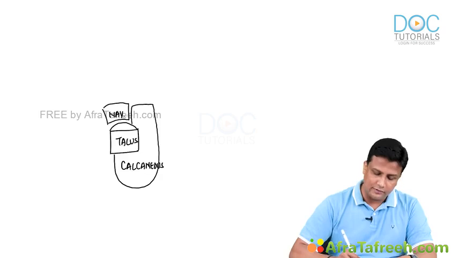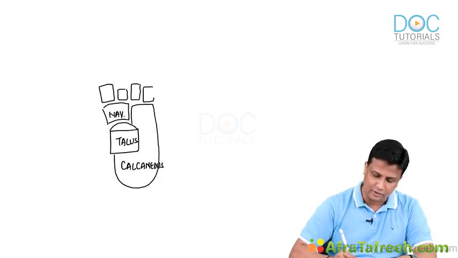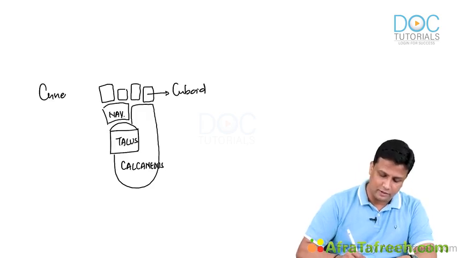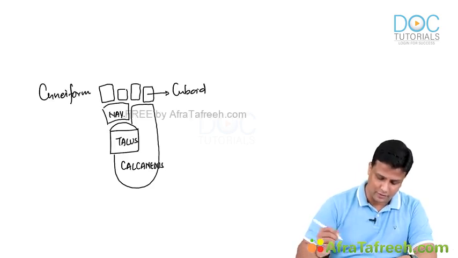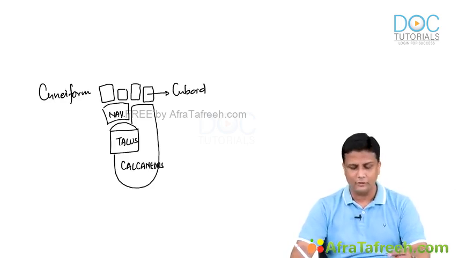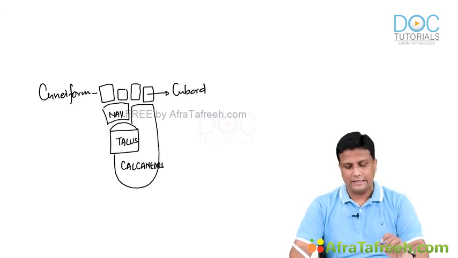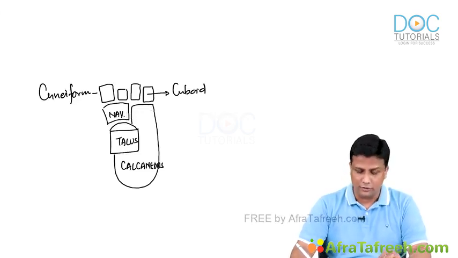And then in front of the navicular, you'll be able to appreciate the 3 cuneiform bones, and laterally you'll have the cuboid. So laterally this one will be the cuboid, and medially you'll have the 3 cuneiform bones, guys. And I don't have to tell you that there will be a medial cuneiform, then an intermediate, and then a lateral cuneiform. So 3 cuneiforms, cuboid, navicular, talus, and calcaneus.